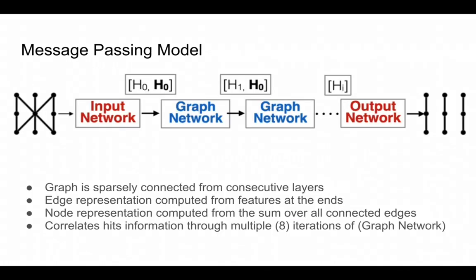Because the graph is sparsely connected from consecutive layers, the message passing model is used. The edge representation is computed from features at the end nodes, not from the sum over all connected edges. Correlating hit information is done through multiple iterations of the graph network. In the literature, 8 iterations have been introduced to solve this problem.